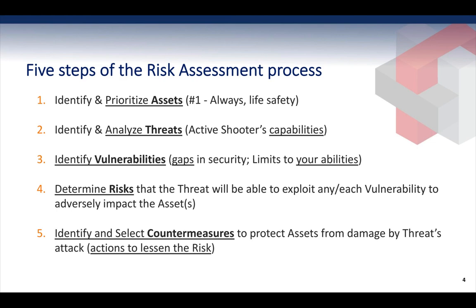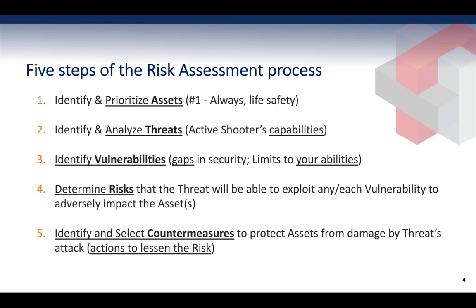But in this case, the asset is the person's life safety. That's number one. The threat is part 2 of this 5-step process, identifying and analyzing the threat. What's the active shooter's capability? Vulnerabilities, identifying vulnerabilities. What are the gaps in security? What are the limits to your abilities?